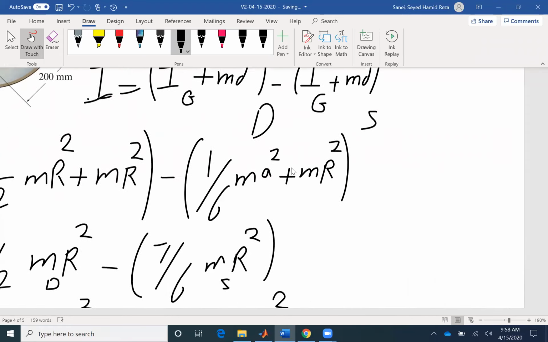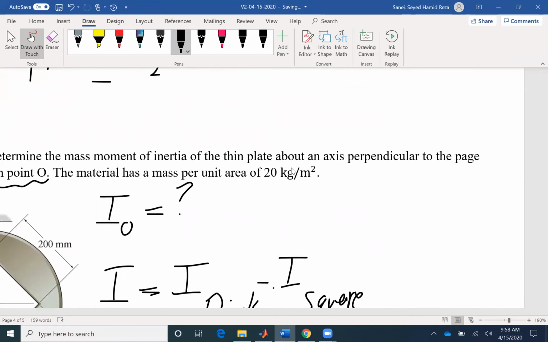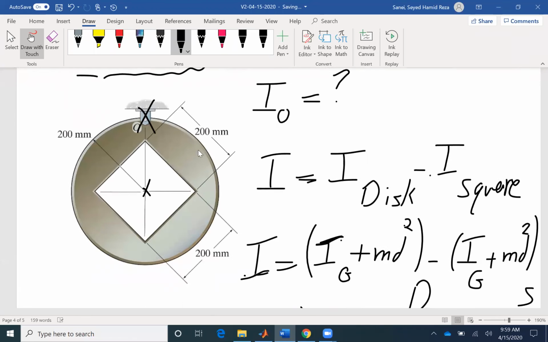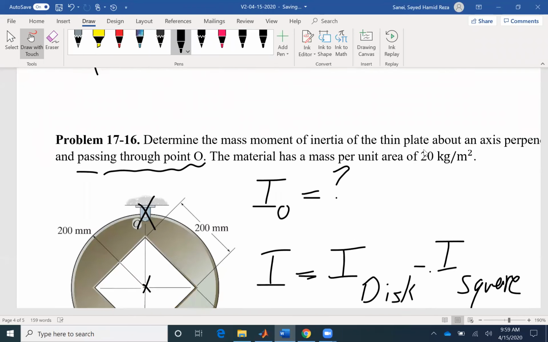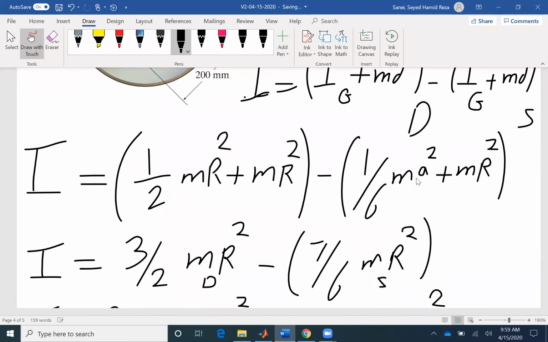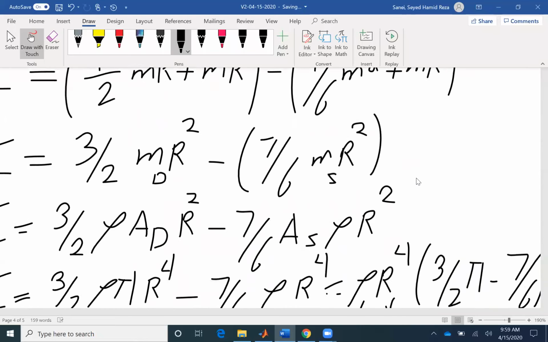So one thing that you need to pay attention to here is that the density is given as mass per unit area, because it's a 2D problem, and the length is not given, so that's not per unit length. So this density is sometimes given as mass per unit length, mass per unit area, and mass per unit volume, depending on whether we are solving 1D, 2D, or 3D problems.